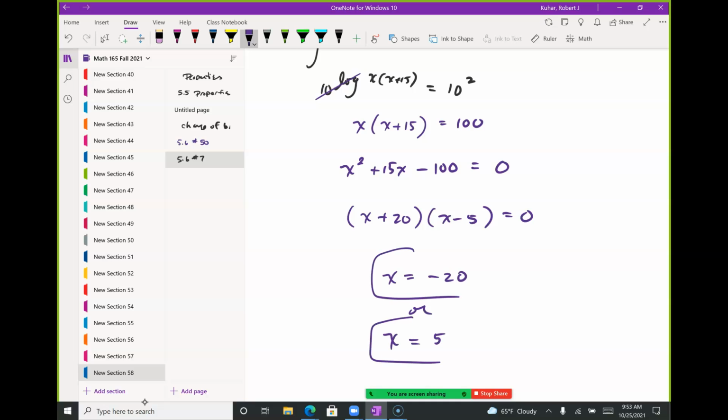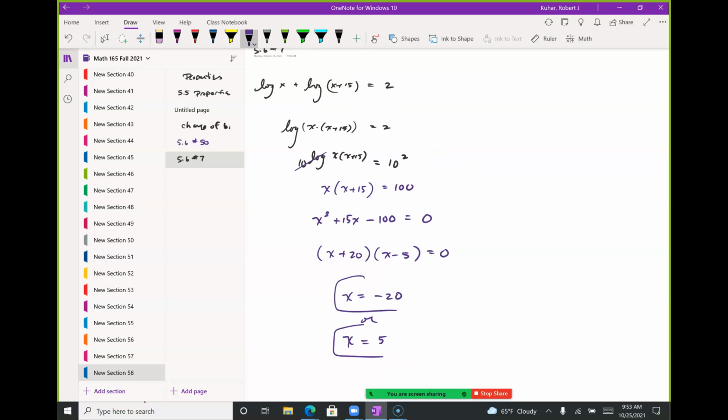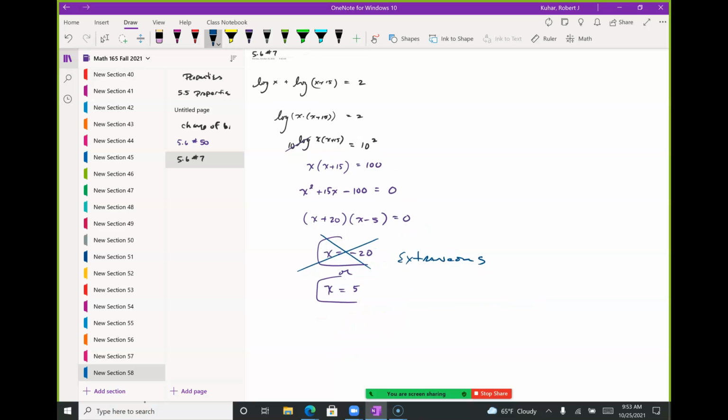I got to make sure I check these because I could have an extraneous solution. And obviously, my negative 20 doesn't work. And it doesn't work because a log can't equal a negative? And I put it back in my original, right? So my first problem says log of x, yes.